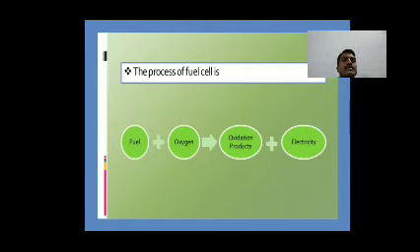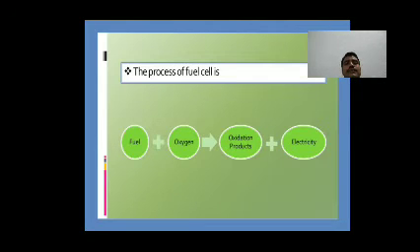In the process of fuel cells, fuels are burned by combustion in the presence of oxygen to form products, byproducts plus electricity.